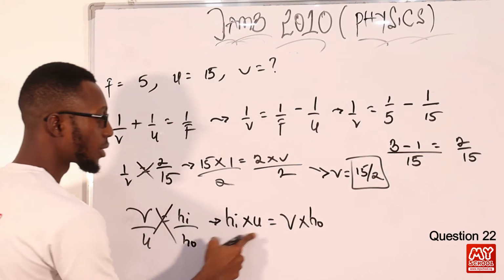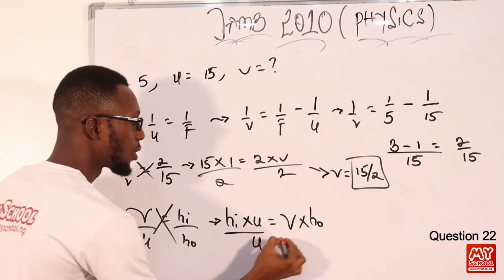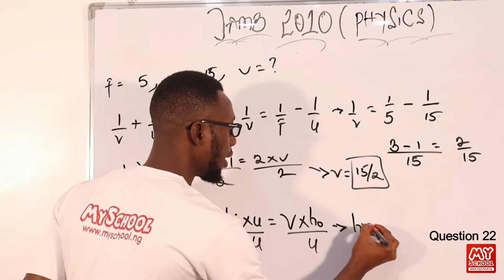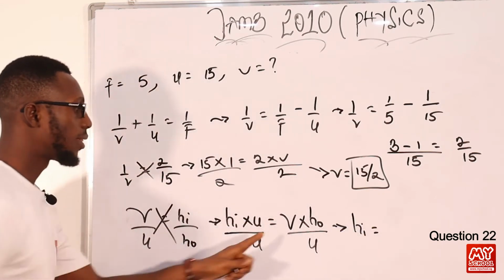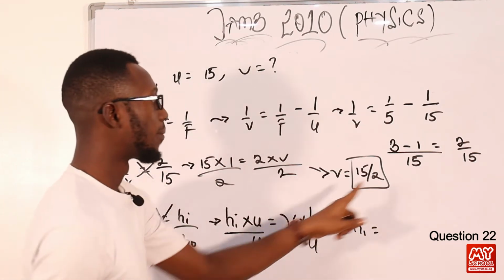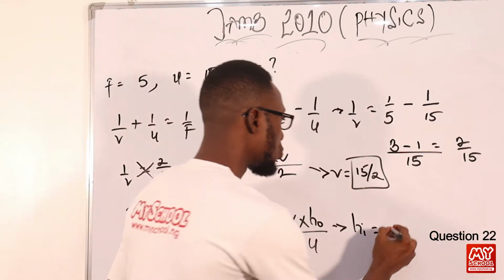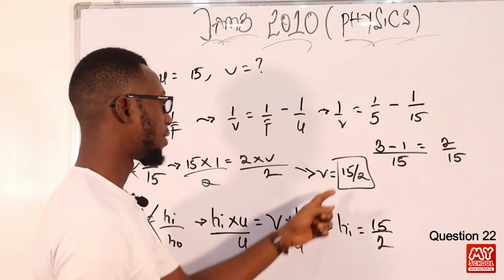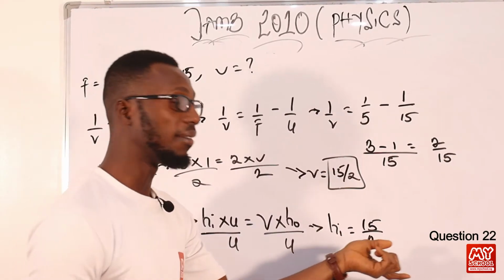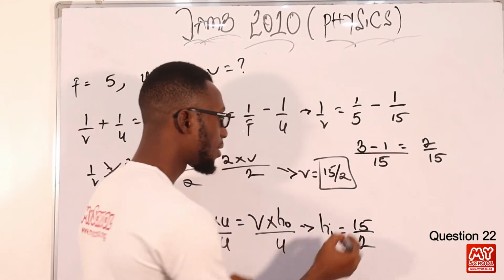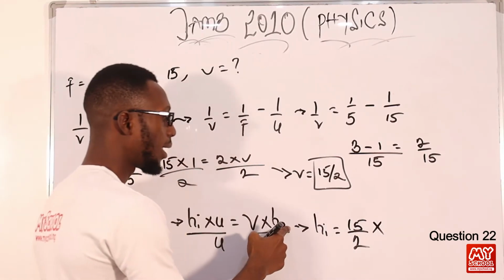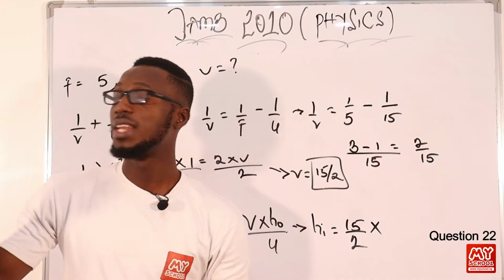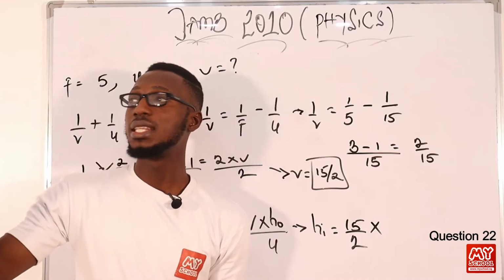Dividing both sides by U, the object distance, the size of my image should be V, which I've gotten as 15 over 2. Of course, you can use your calculator to go through all of this. You can even write this as 7.5, times the height of my object, which is given as 4, an object 4 centimeter high.